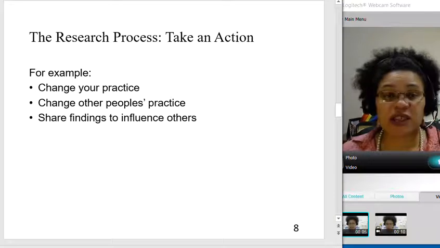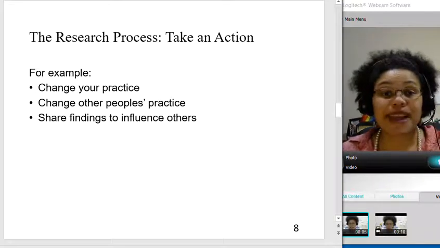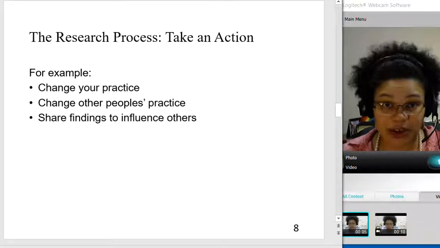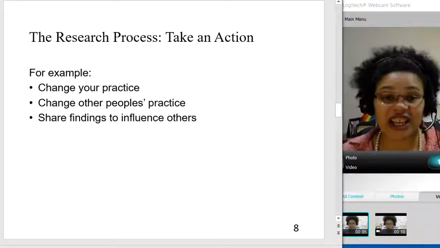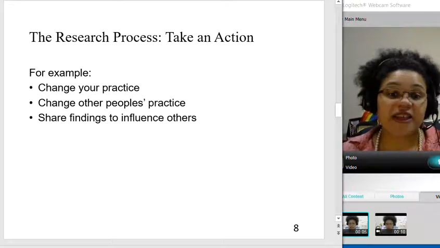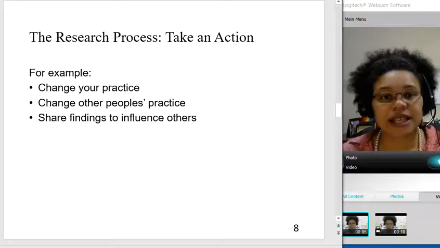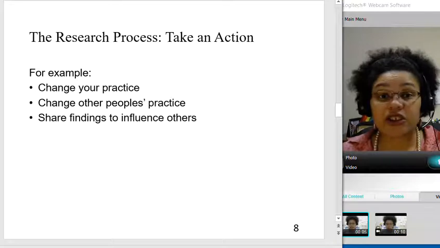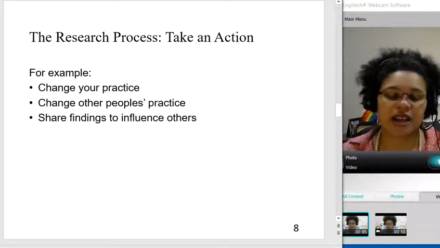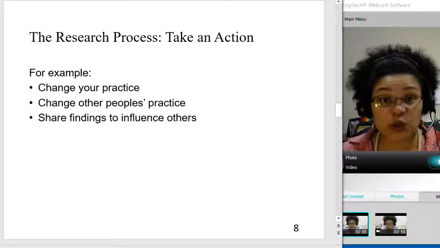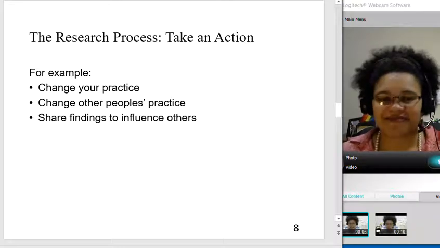They may decide to do something different in their classroom. They may convince others to change their practice, other teachers, other educators. And they may share their findings to influence others, whether it is influencing school leaders, families and community members, or the school board, that kind of thing.